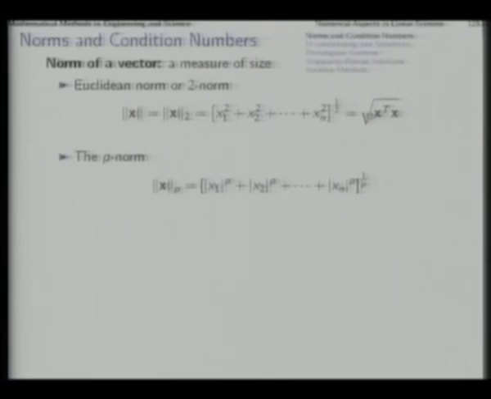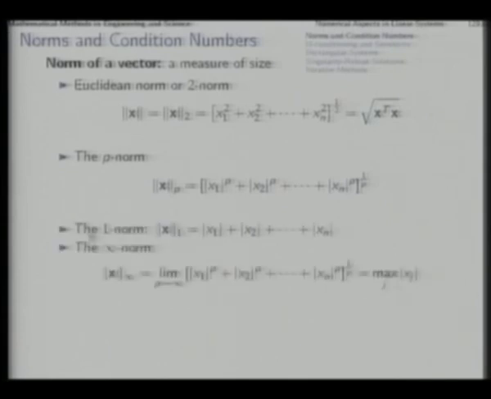In that sense, for other values of p, you can define other norms. In particular, you can define one norm, which is this, the sum of the absolute values, and you can also define the infinity norm, which is sometimes also called max norm, and that is defined in the limit when p tends to infinity, and that is defined in this manner.